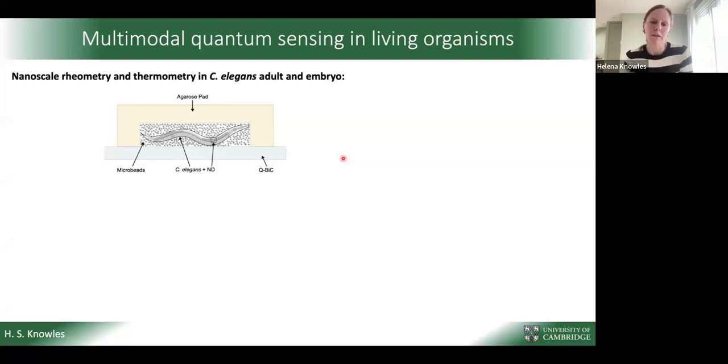And so my student Sophia came up with this plan to have the worm in a sort of ball pit of microbeads. So there's the worm on our cubic chip, and then an agarose pad on top, and it gets immobilized by these microbeads.